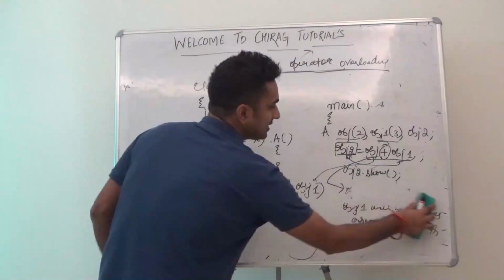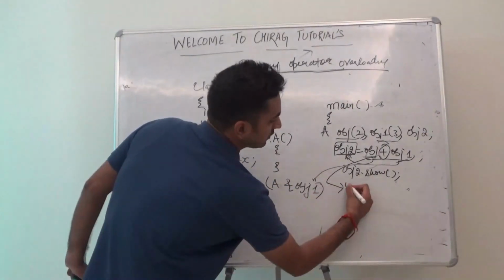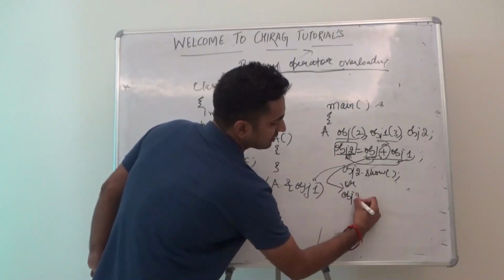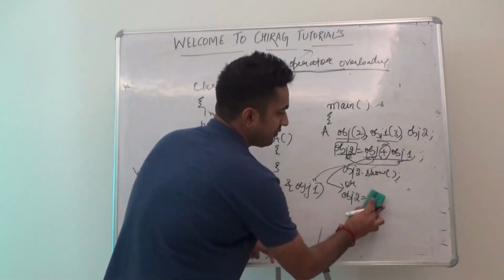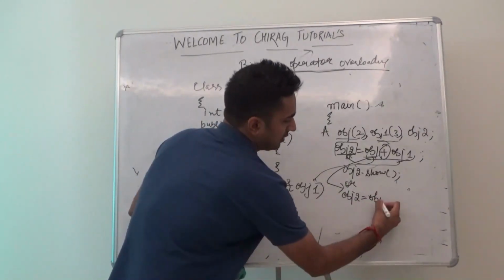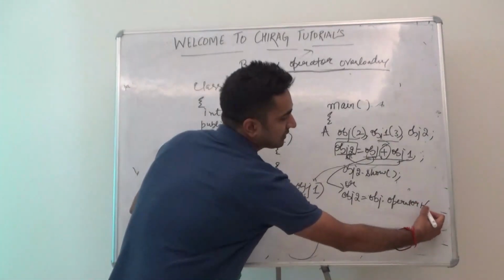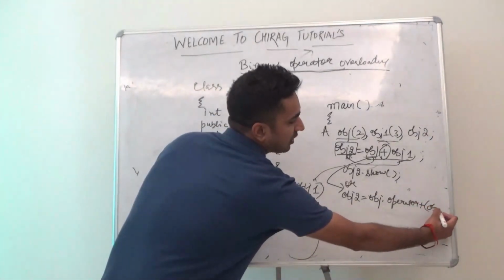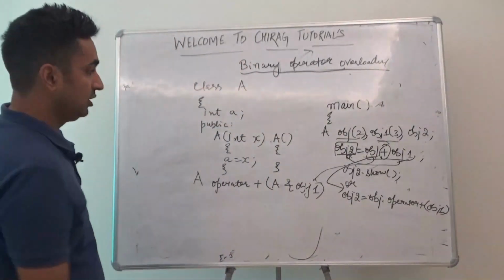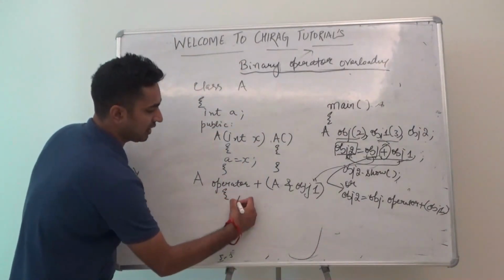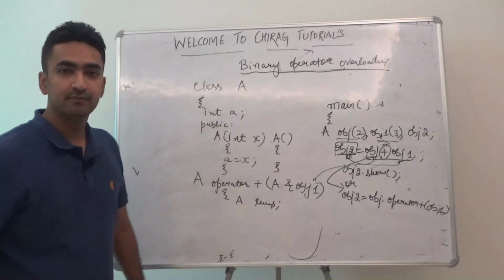So guys, this statement can also be written as obj2 is equal to obj dot operator plus and obj1. This function statement can be written in this way also. So over here I'll have a temporary variable temp.